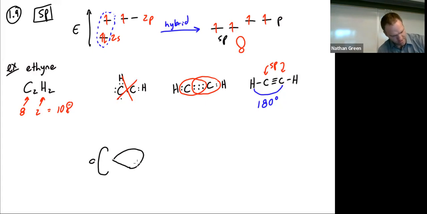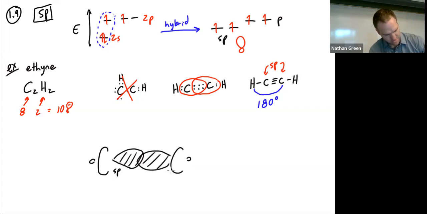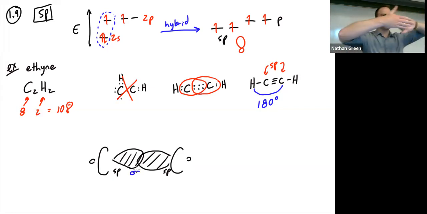What orbital is this? sp, very good. A carbon on the other side is going to have another sp orbital to make what kind of bond? A sigma bond. The head-on overlap of 2 orbitals, in this case, 2 sp orbitals that are making that bond.